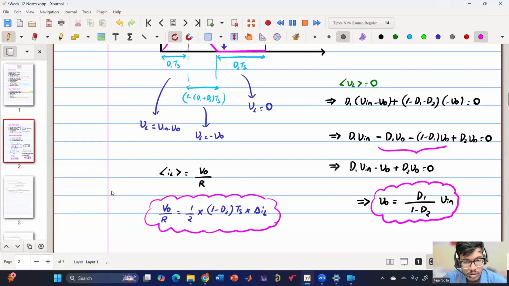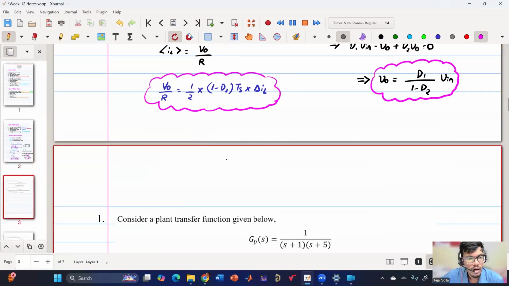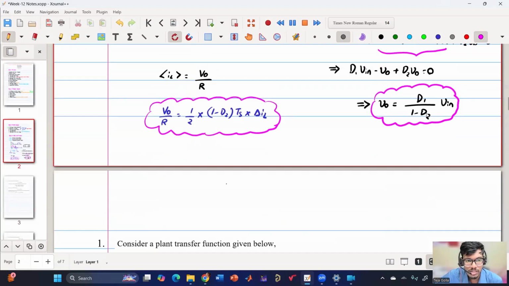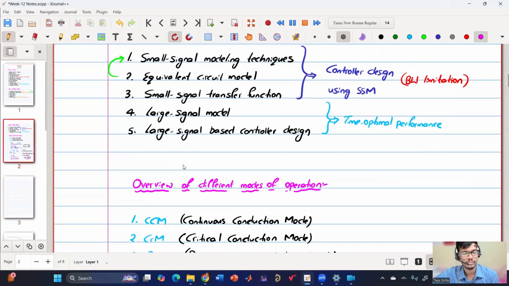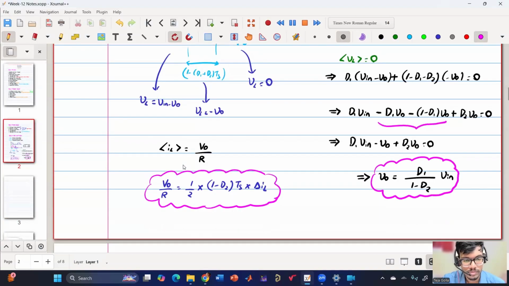Now whatever you are telling, let us just check. You can substitute 1 minus D2 in this expression and then you can get things in terms of V0. Is this clear? If you substitute 1 minus D2 here, you will get V0.